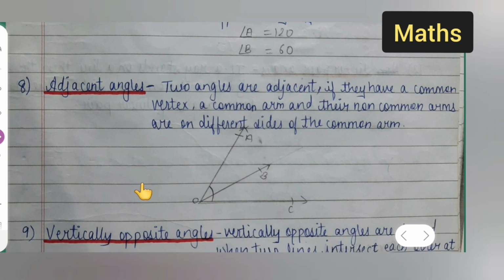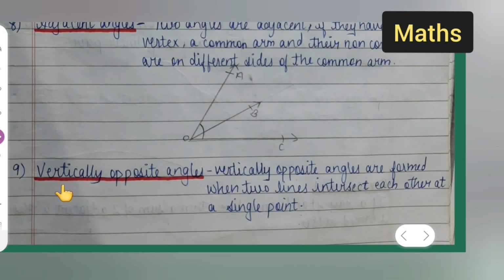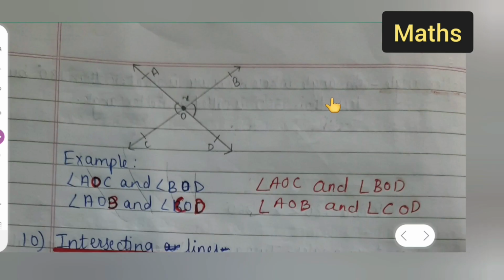Next, let us move towards the vertically opposite angles. What are vertically opposite angles? Vertically opposite angles are formed when two lines intersect each other at a single point. So let us see what it is.